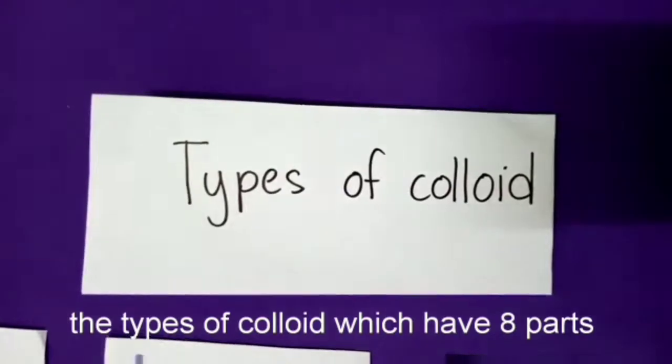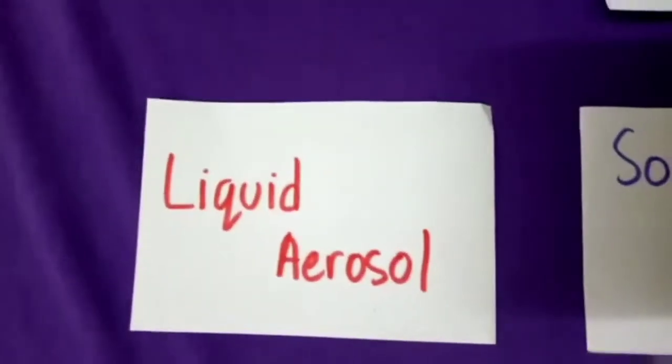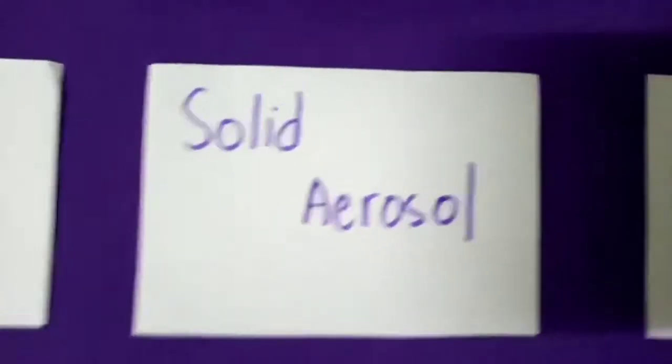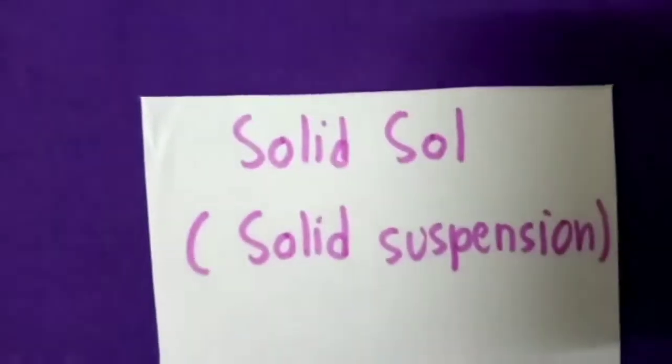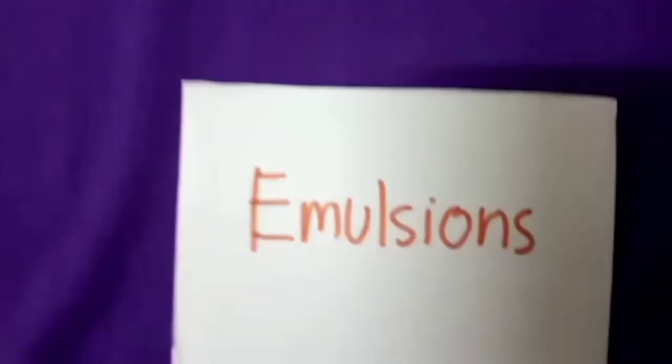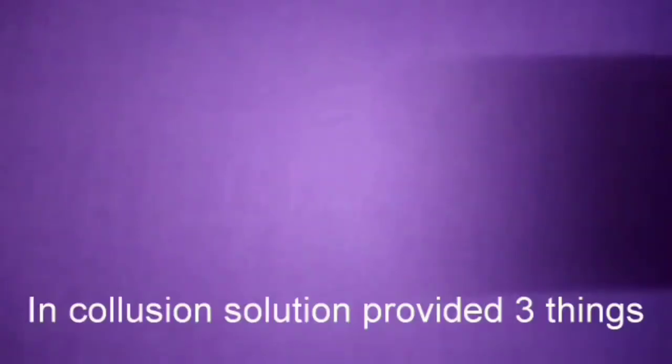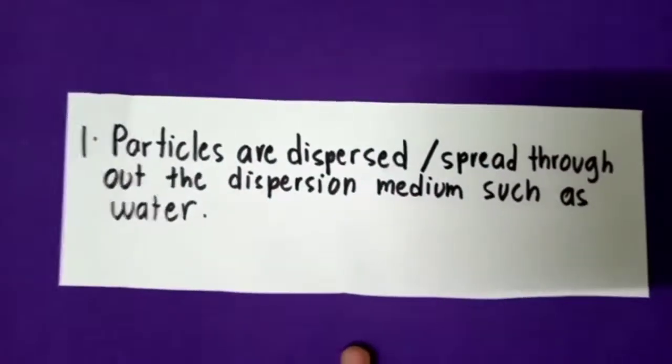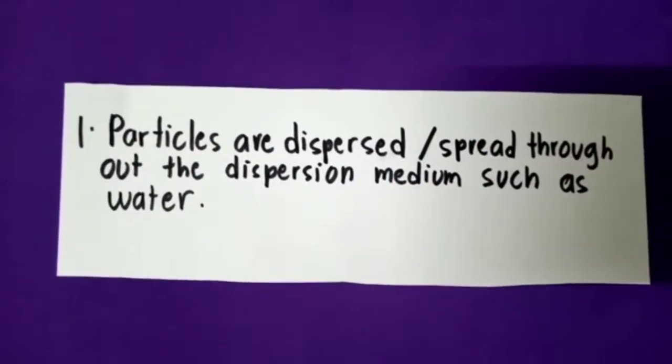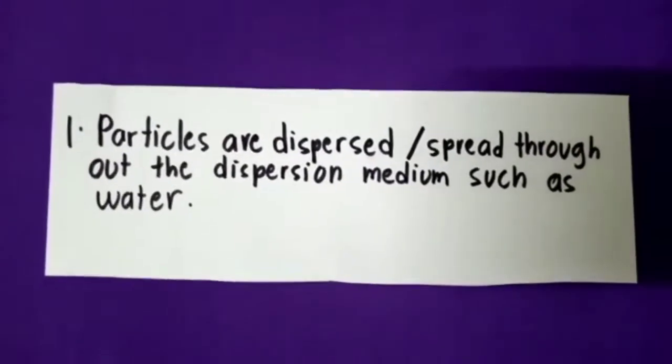There are eight types of colloids, which are liquid aerosol, solid aerosol, foam, gels, solid foam, solid sol, sol, and then emulsion. A colloid solution has three characteristics. First, particles are dispersed or spread throughout the dispersion medium, such as water.